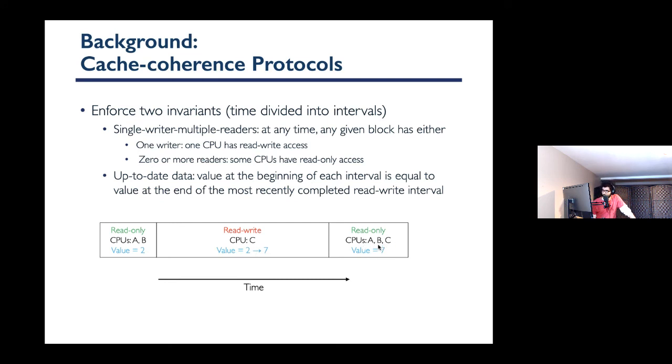Now, one thing that I have to point out is that I'm just showing you this time interval for one memory address, that we're looking at its value. So we're going to have these for every single memory address, because that's what we care about.